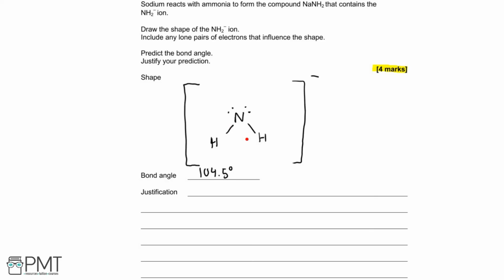And the most important part of why this occurs is that, first of all, electron pairs repel each other. But importantly, lone pair repulsion, so that's repulsion between two lone pairs rather than a lone pair and bonding pair or two bonding pairs, is the strongest electron repulsion.